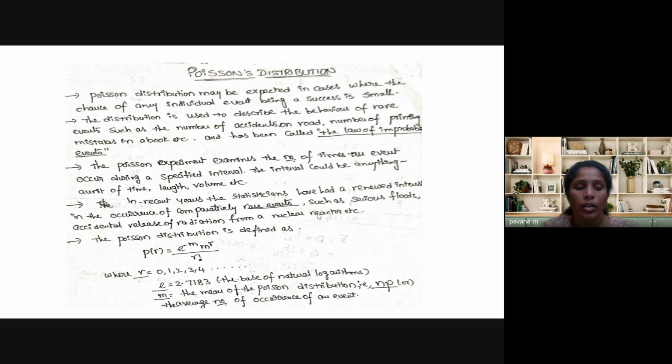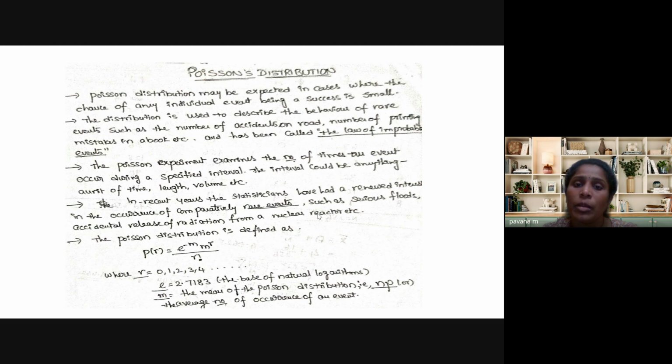For the Poisson's distribution, if you want to calculate the probability of occurrence of a particular event, P of r is equal to e power minus m into m power r by r factorial.